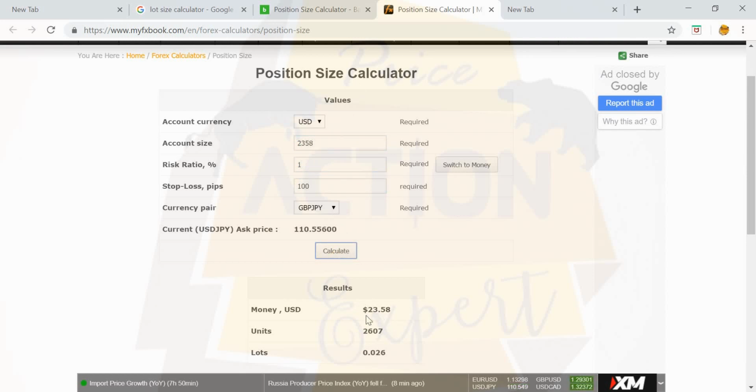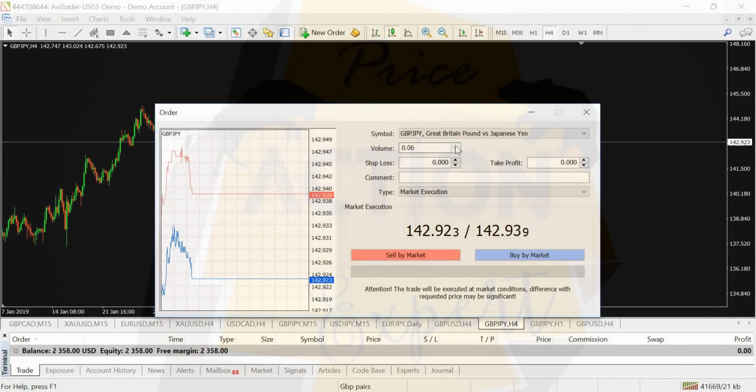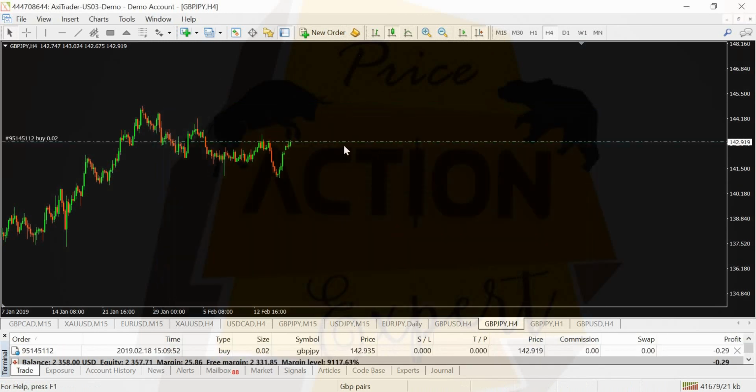See, exactly what I told you earlier: 23.58. That would be the dollars that you lose if it hits the 100 pip stop loss, and your lot size would be 0.026. Okay, this we're going to place, 0.026 here as well.